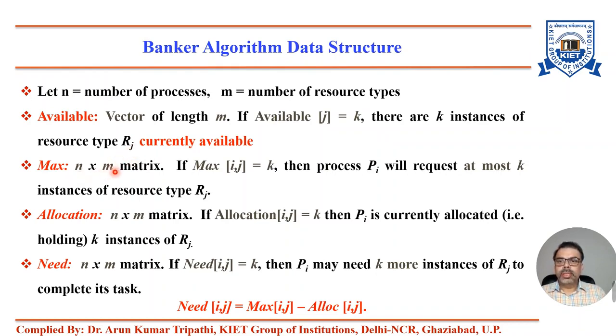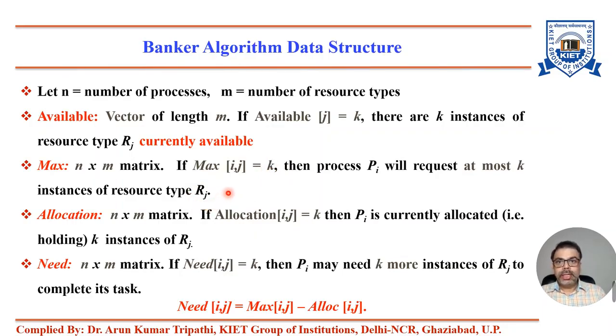Then Max, an n cross m matrix. Max[i][j] equal to k means the process Pi may request at most k instances of resource type Rj.